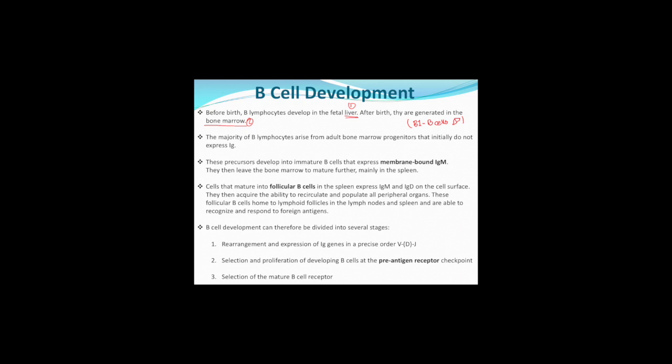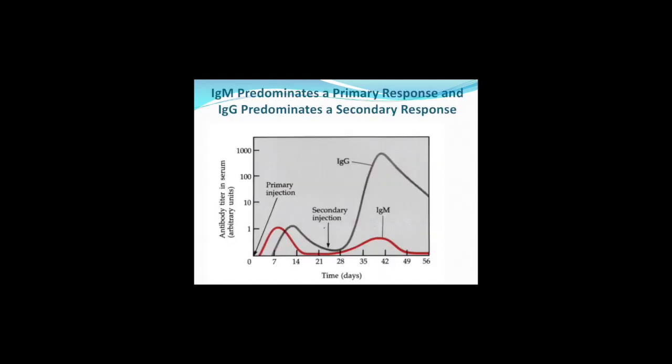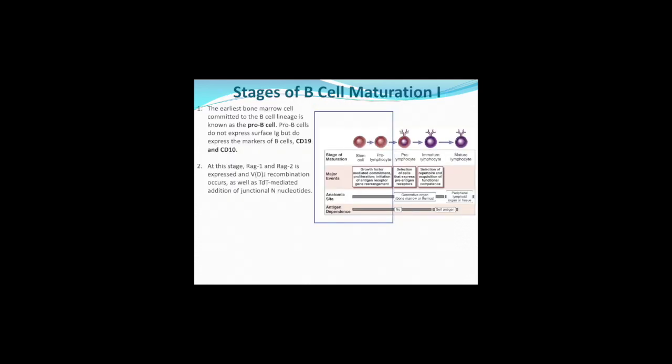The development of these B cells originates, as I said, within the bone marrow from stem cells, where they go through a sequence of differentiation events, starting from a stem cell to what's called a pro-lymphocyte, and then a pre-lymphocyte, and then an immature lymphocyte, and then a mature lymphocyte.